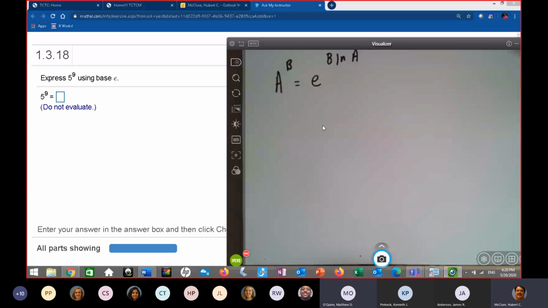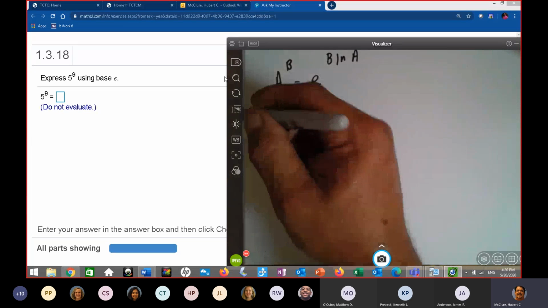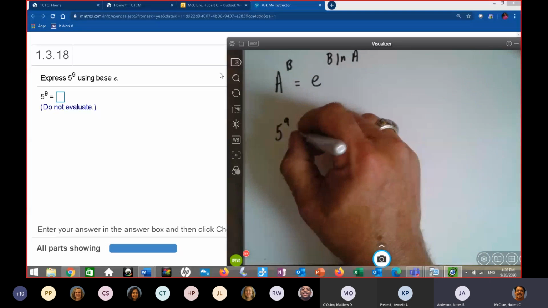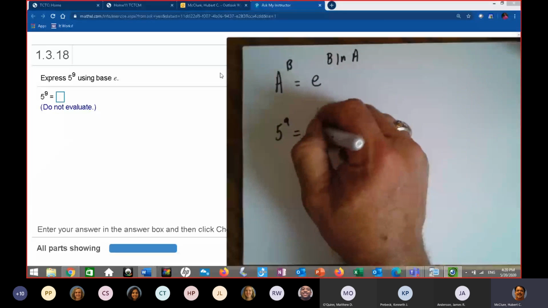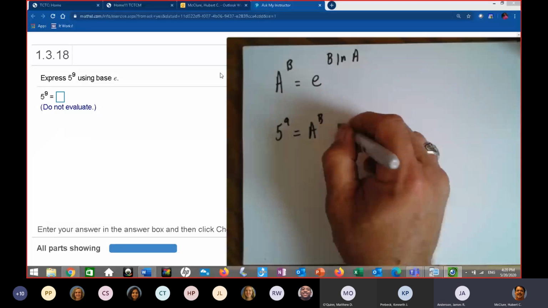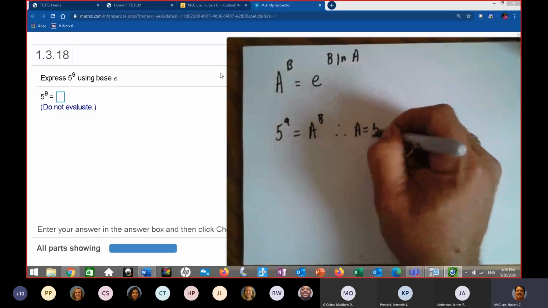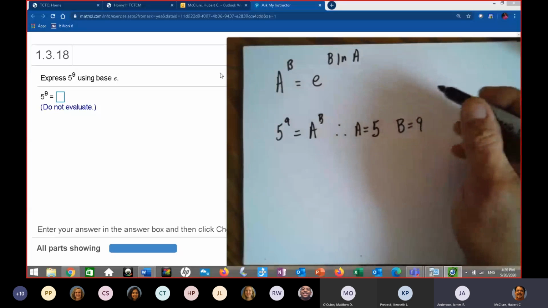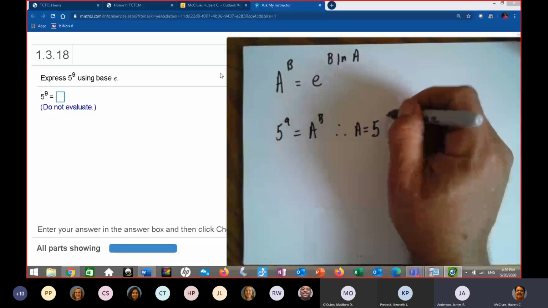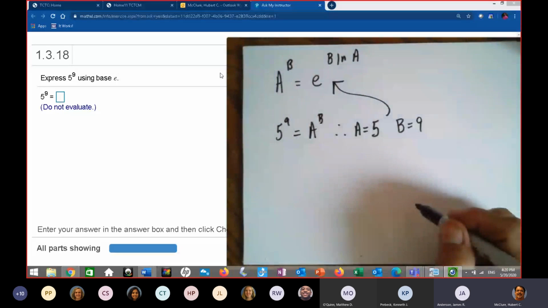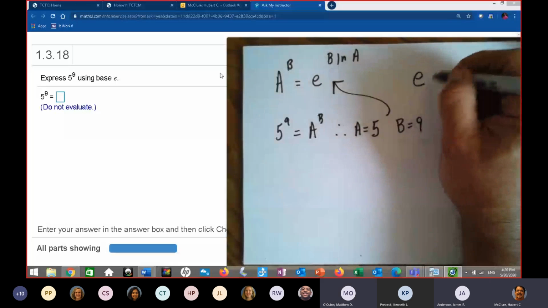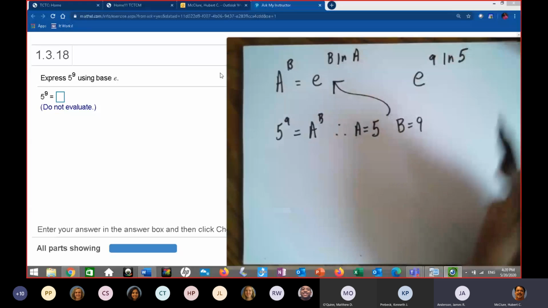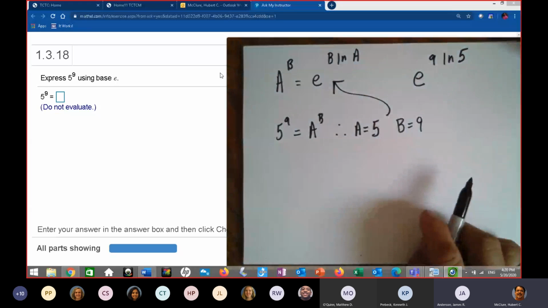So 5 to the 9th is equal to A to the B. Therefore, A is equal to 5 and B is equal to 9. Plug in: E to the 9 natural log of 5. And that's the answer.